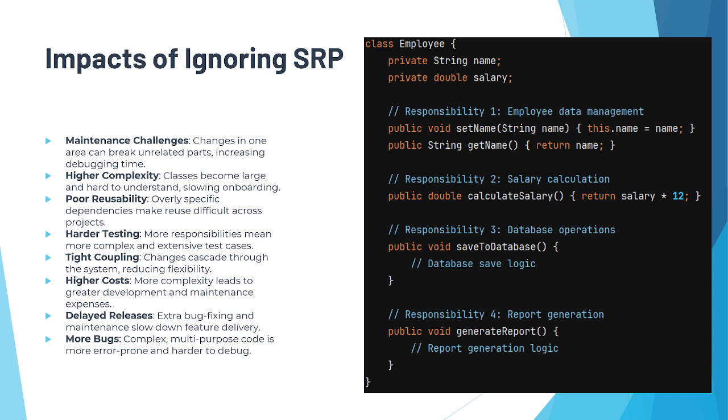All 3 of them have to come to the same class and change the class. So when the calculate salary logic is changed, this class is changed and it affects all the other methods too.